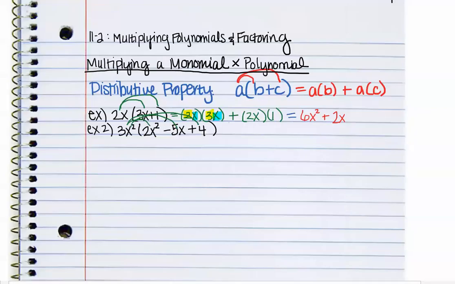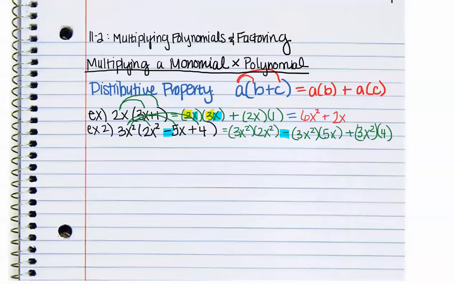So that would look like 3x squared times 2x squared minus 3x squared times 5x, and then 3x squared times 4. Notice with the subtraction sign that we had here, I just put it right there. Those subtraction signs could cancel if you're distributing something with a negative sign, so just keep that in mind.